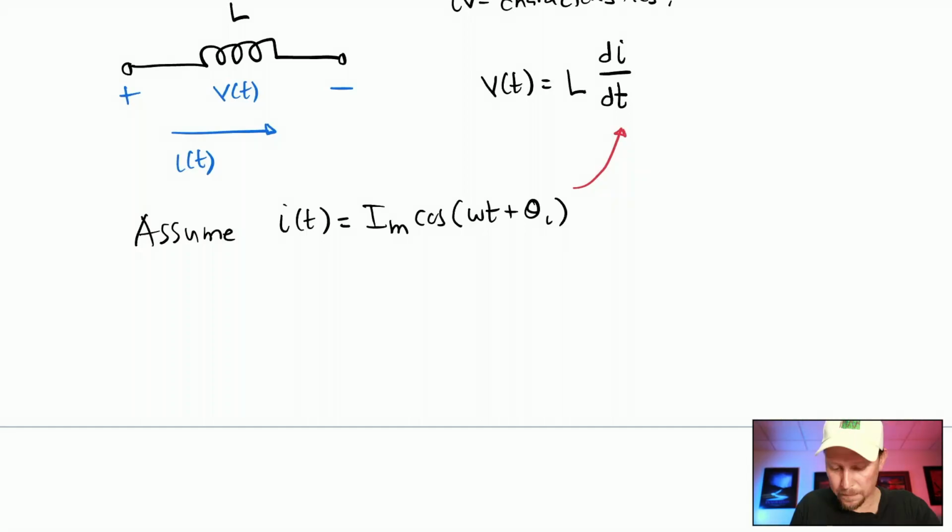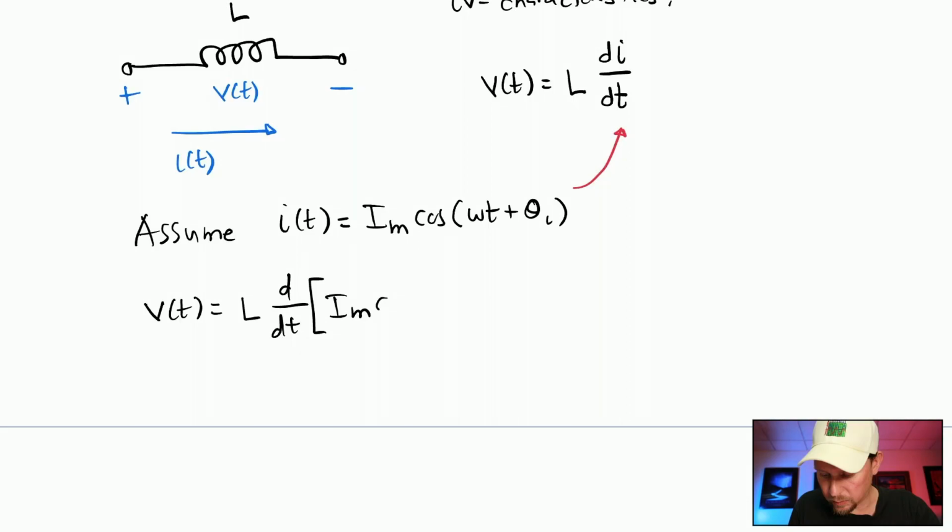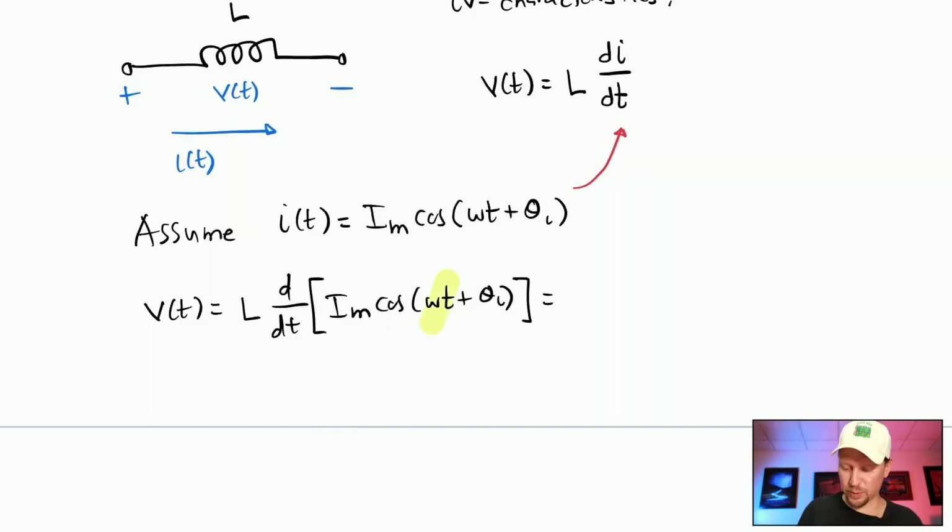So here, the voltage as a function of time is the inductance times the time derivative of I sub m times the cosine of omega t plus theta I. Now, remember, when you take the time derivative of a cosine function, it is negative sine, times, by the chain rule, the time derivative of omega t with respect to t, which is just omega. So this full derivative is minus omega L times the sine of omega t plus theta sub I.